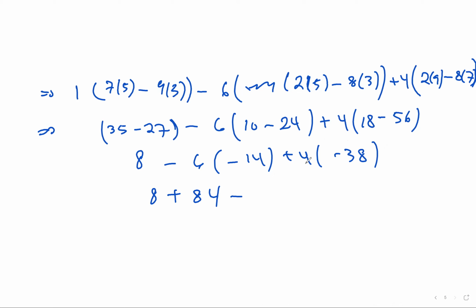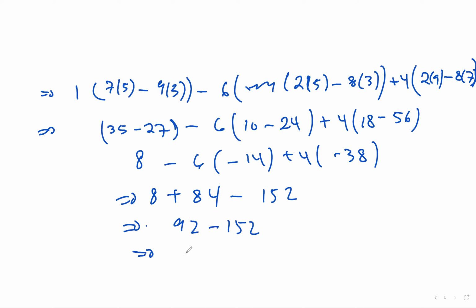And that is 4 times 38 is 152. So just to add this one. So I hope that my addition and subtraction is right. And then if things are right, then we have 8, and 84 is 92 minus 152.